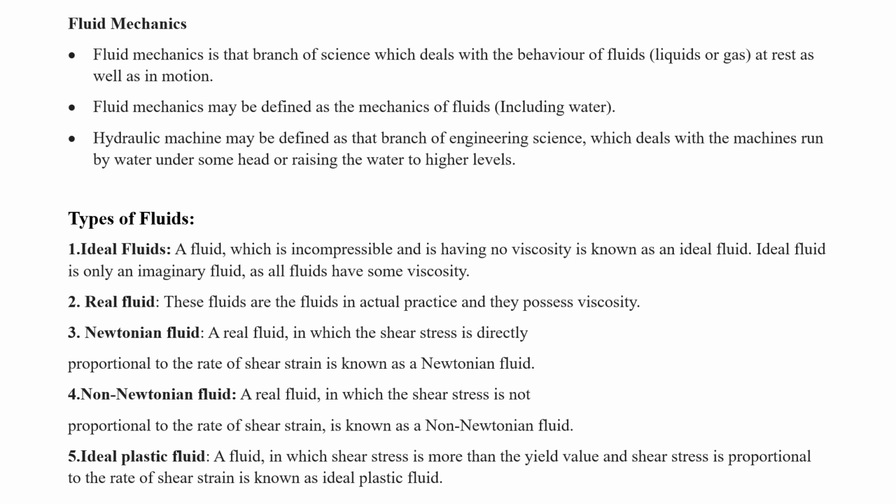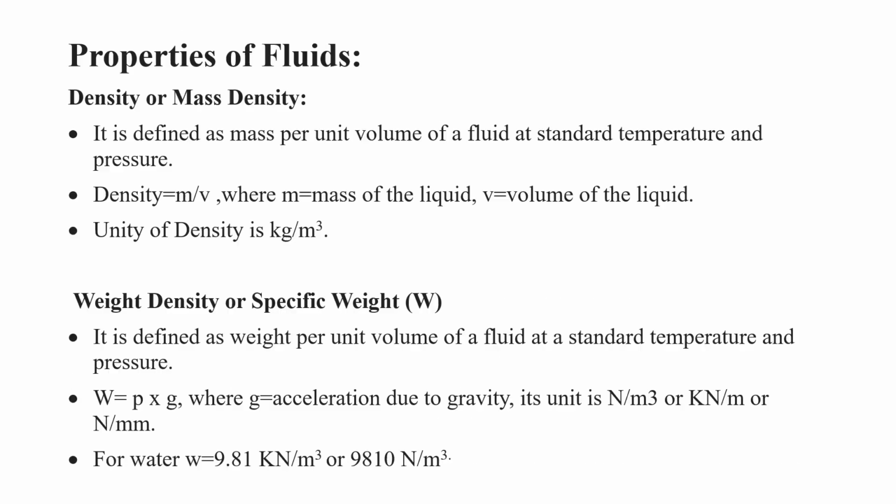It is a real fluid in which the shear stress is directly proportional to the rate of shear strain. Fourth is non-Newtonian fluid. It is a real fluid in which shear stress is not proportional to the rate of shear strain. And fifth, ideal plastic fluid, in which the shear stress is more than the yield value and shear stress is also proportional to the rate of shear strain.